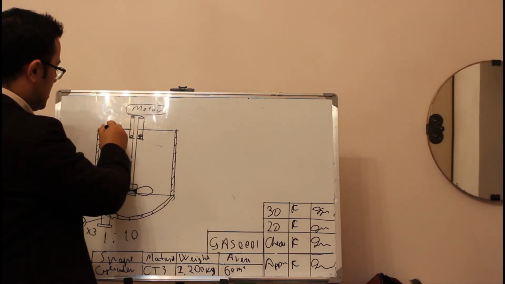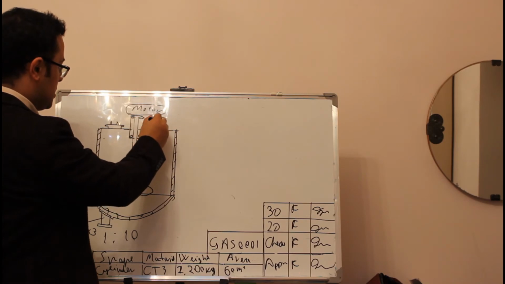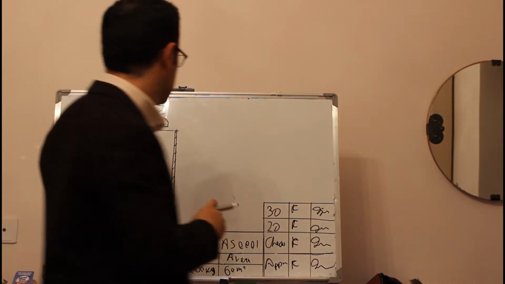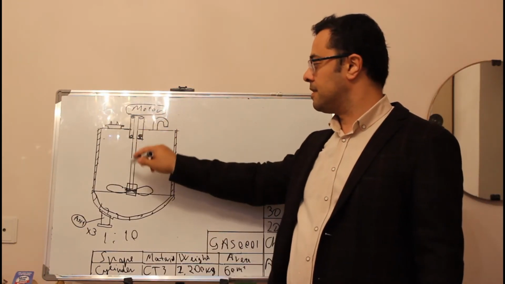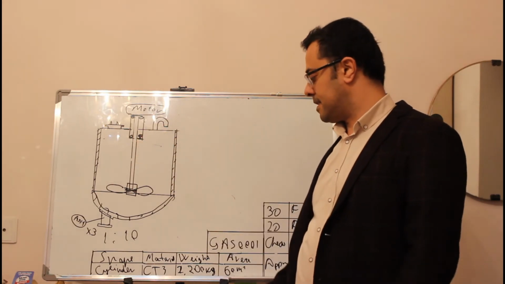There is a cap here. There is a breathing unit here. So we have a motor, we have bearings, we have shaft, we have breathing unit, we have other stuff.